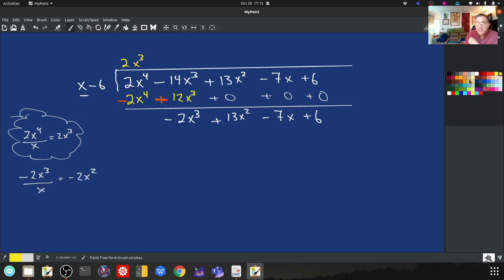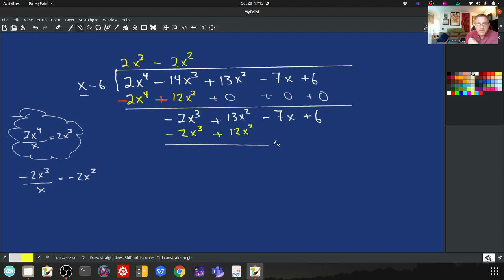So that's what I put up here for my next step, minus 2x squared. So minus 2x squared times x is minus 2x cubed. Minus 2x squared times minus 6 is plus 12x squared.